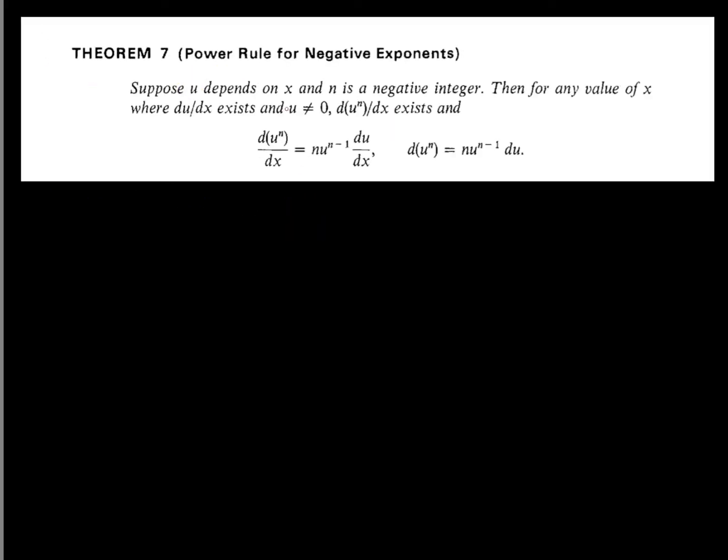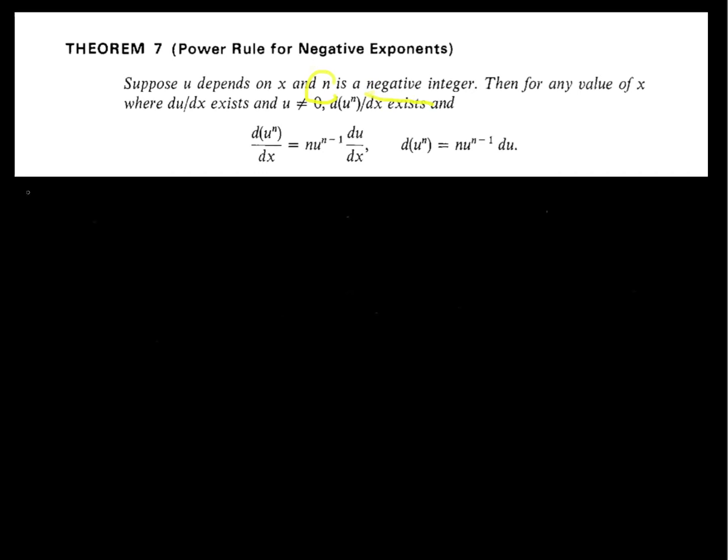So now, just like before, we've got u to the n, but now we're going to let n be a negative integer. So we know that n is negative. But that means we can think of n as being equal to negative m, where m is positive. In fact, we know exactly what m is. It's the absolute value of n.